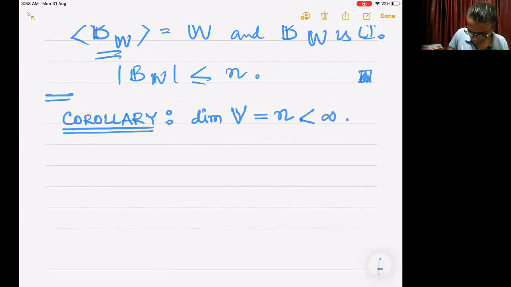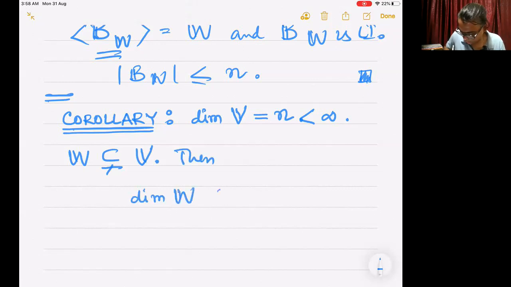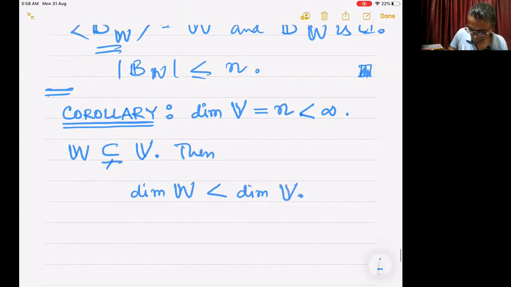And suppose W is a proper subspace of V. Then we must have dimension of W strictly less than dimension of V. Proof.